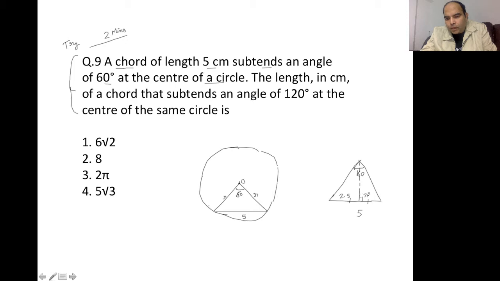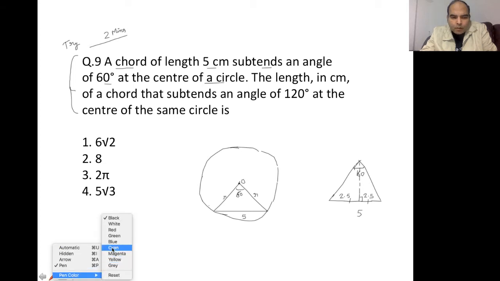And the other thing this perpendicular will do is that it will bisect the angle into two angles of 30 each. And since these angles are 30 each, and this is a 90-degree angle, it means that this angle is going to be 60.